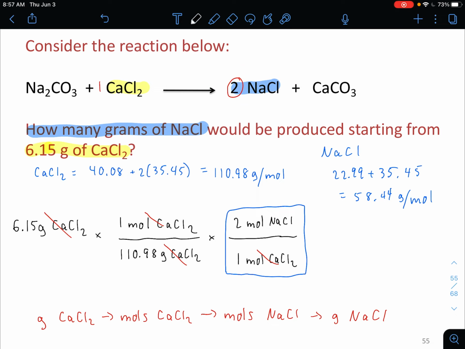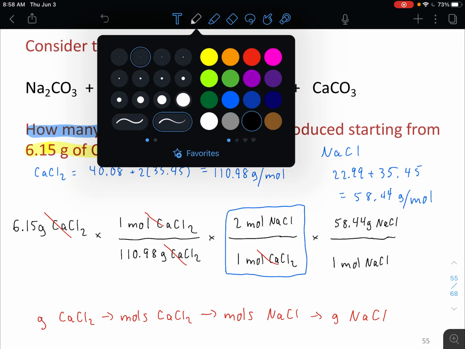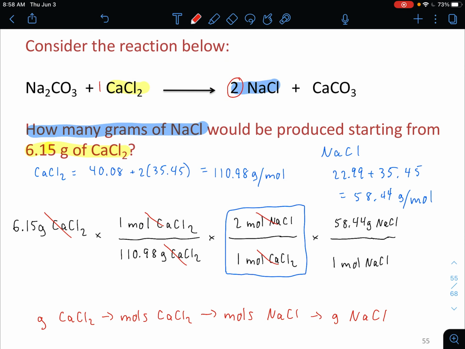Okay, then lastly, 1 mole sodium chloride, 58.44 grams sodium chloride. So moles of product cancel with moles of product. We can verify down here that I've done my 3 conversions, and we're left with the units that we want, so that's good.